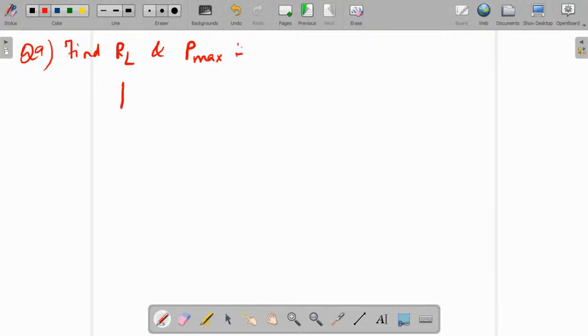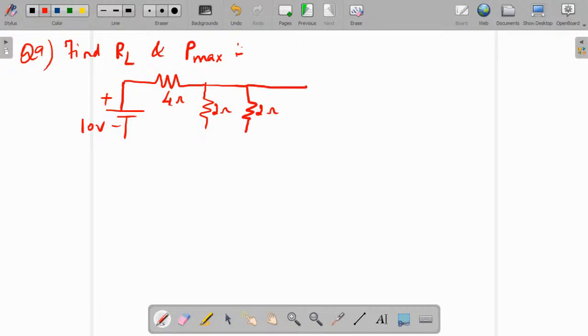So if we look at the circuit: 10 volt, this is 4 ohm, 2 ohm, 2 ohm, and you have a load resistor RL.